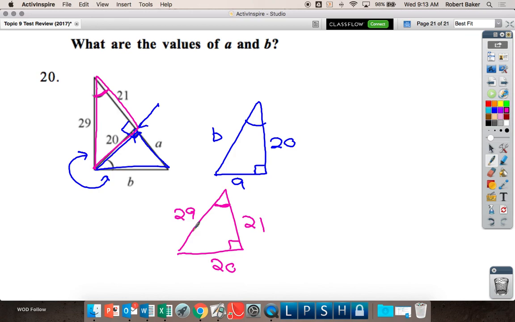So you have 2 similar triangles, and then you can set up a proportion to solve for A and B. You can do B over 29 is equal to 20 over 21.